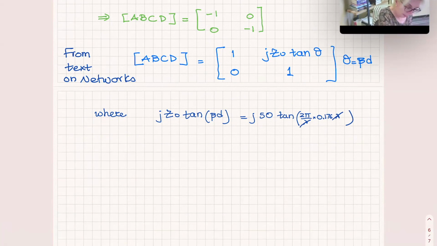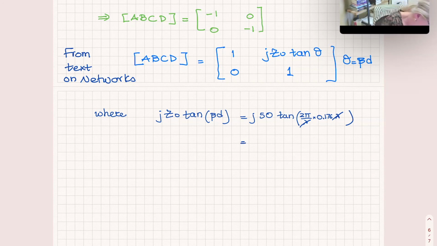And then 2 pi. See? We have 2 times pi times 0.176 equal, and then we have tangent of this, which is 1.99.